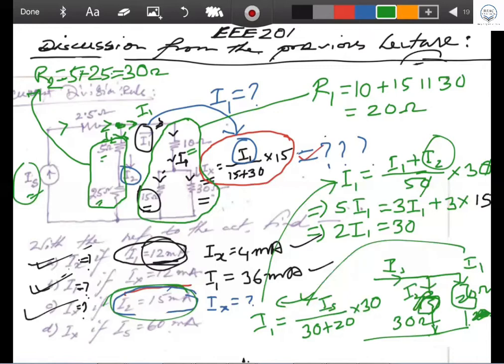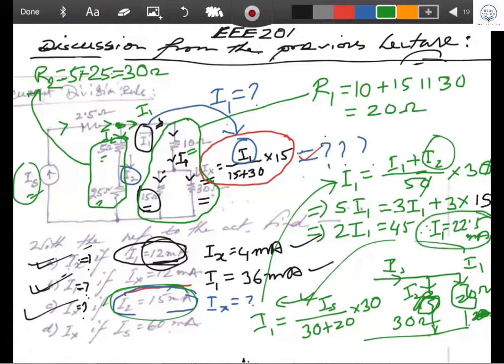So 3 into 15, 45, not 30. So I made a mistake here. So 2I1 equal to 45, and I1 equal to 22.5. You can write 22.5 milliamps. So this is the I1 value you got.